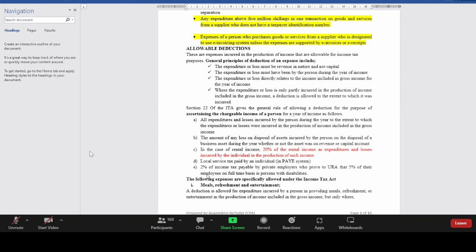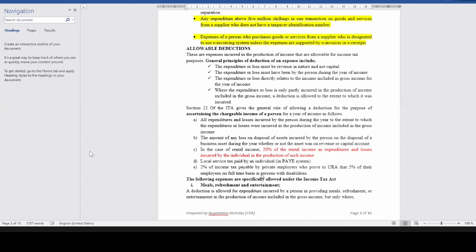Right. Then 2% of income tax is payable by a private employer who proves to URA that 5% of their employees on a full-time basis are persons with disabilities. You don't need to prove to URA before. You will claim it as an allowable deduction. You will first compute your tax. How is it done? Remember, it is 2% of income tax payable.